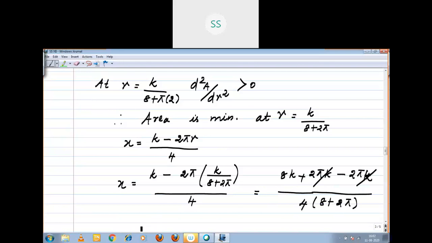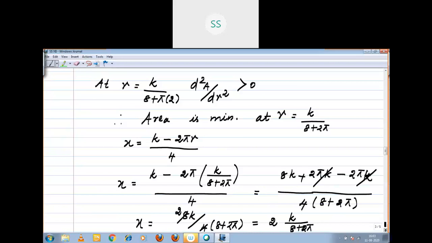Then what can you arrive? x is equal to 8k divided by 4 into 8 plus 2 pi. See 4, 4. 4 twos are 8. So what can you arrive? 2 into k by 8 plus 2 pi. Right?